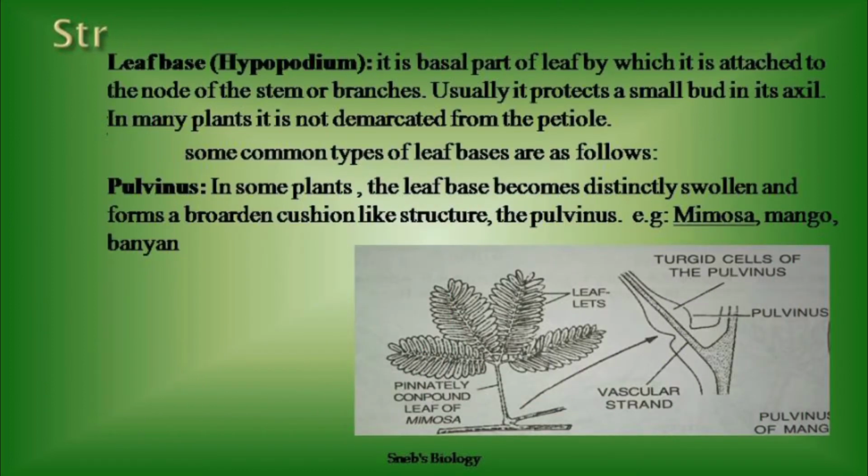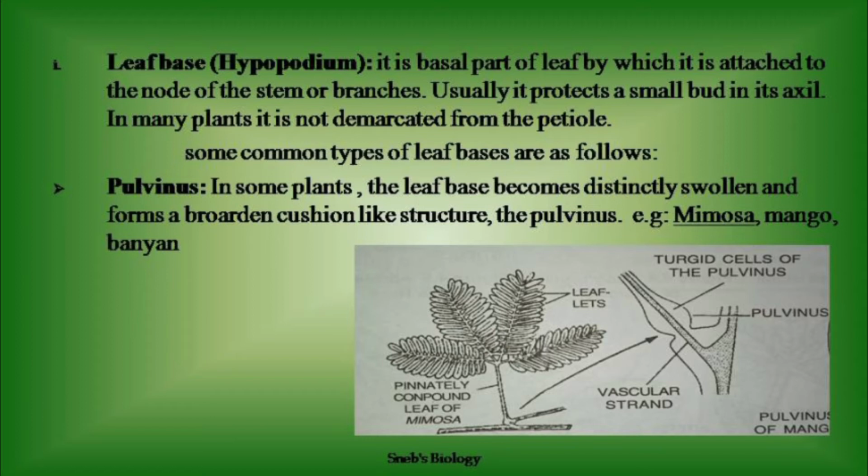Now let's talk about the leaf base or hypopodium. When we see the leaf base, we find there are some variations or modifications in it. First is pulvinus. In some plants, the leaf base becomes distinctly swollen and forms a broadened, cushion-like structure, the pulvinus.